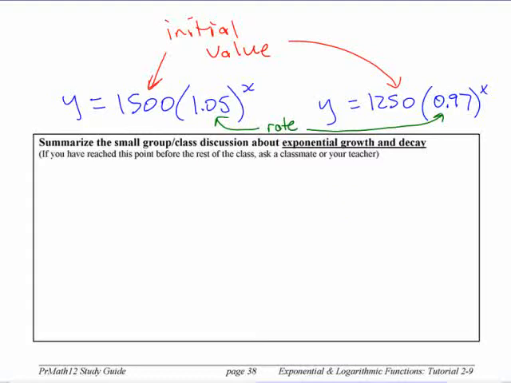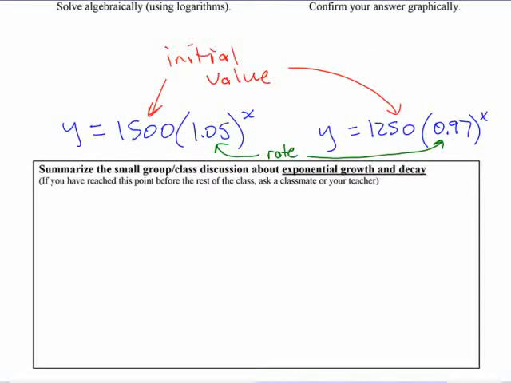If the rate's given as a percentage, the way we model it is this is either 100% minus the rate, if it's going down at 3%, or this one is 100% plus 5%, going up or down, whether it's decay or growth. This one is growth, this one is decay.